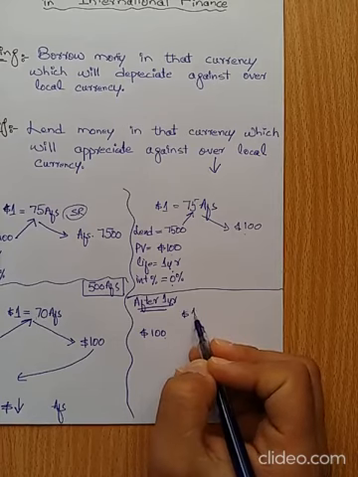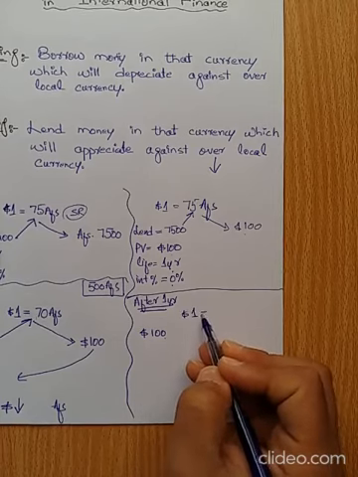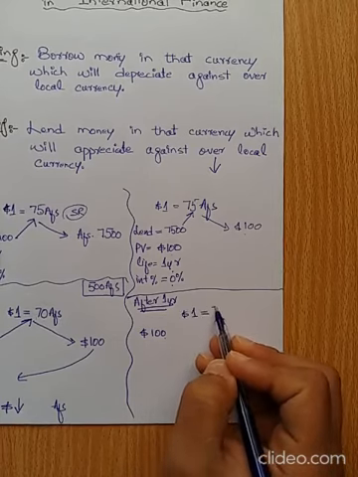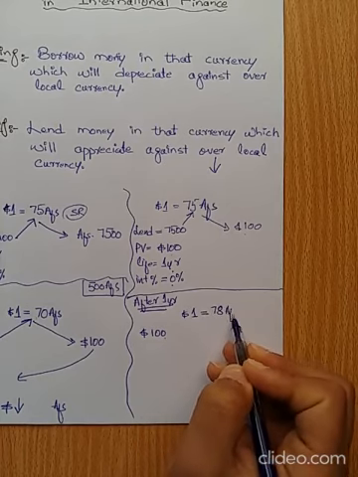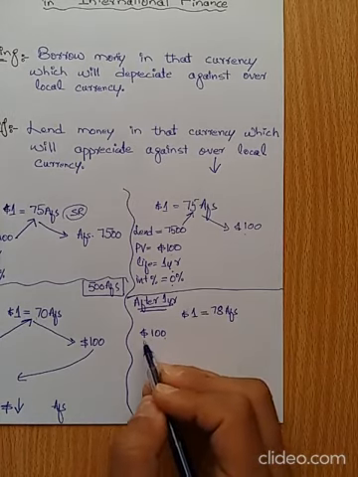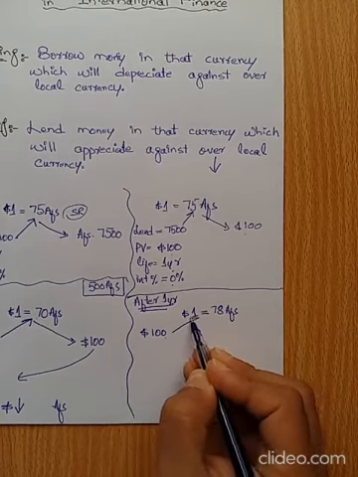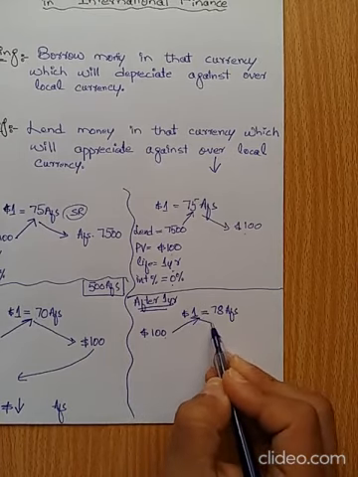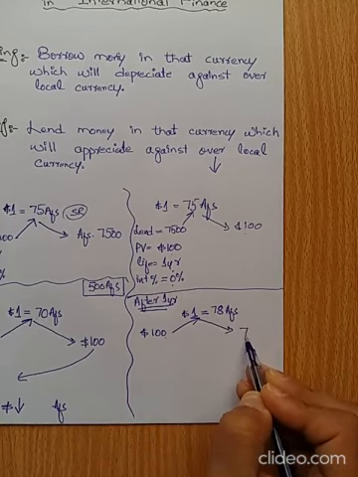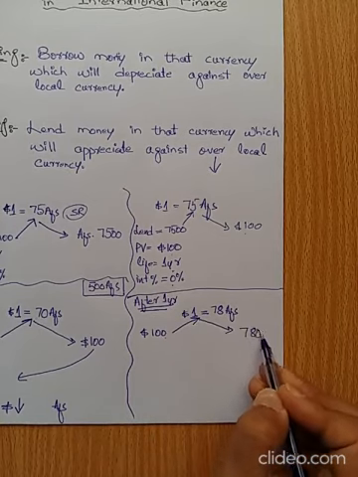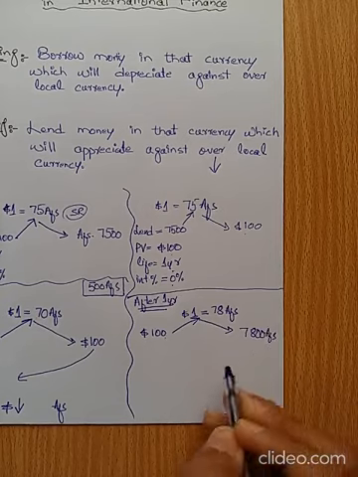Means that, let's say, $1 is equal to, after 1 year, 78 Fs. So when I receive this $100, I will convert this $100 according to the exchange rate, and I will receive 7,800 Fs in return of that.